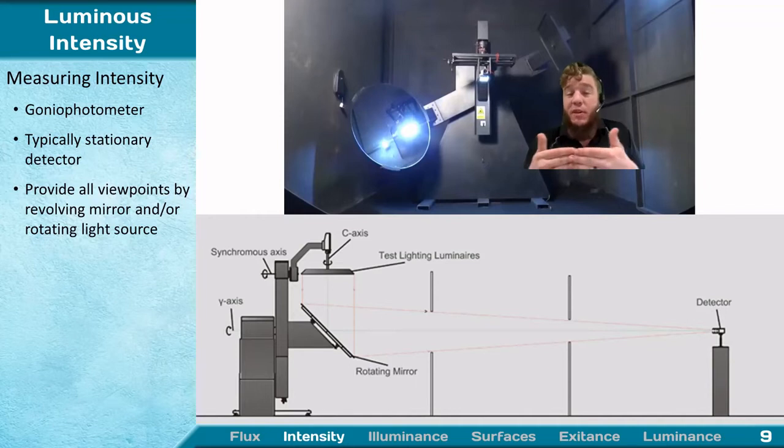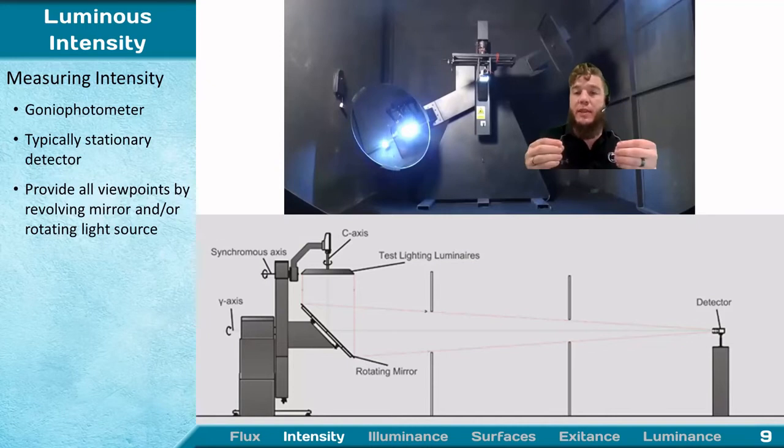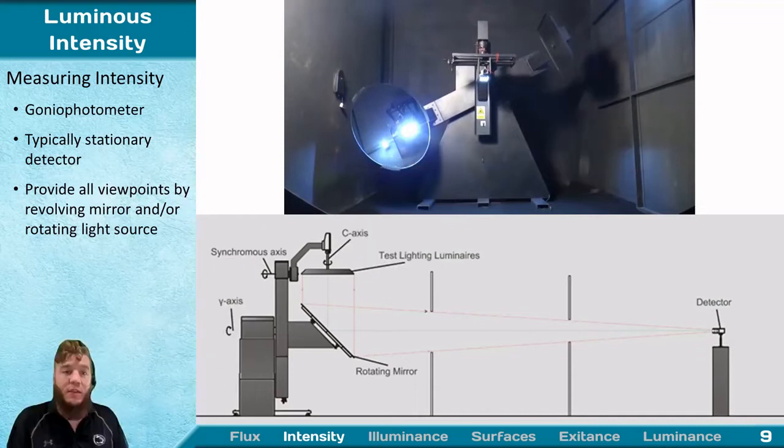And the key thing here is to measure all of the viewpoints around that light source. And we're using the mirror to feed those angles into a detector. So we get that measure of intensity at each angle around the light source in 3 dimensions, of course, because we're talking about solid angles in spherical coordinates.